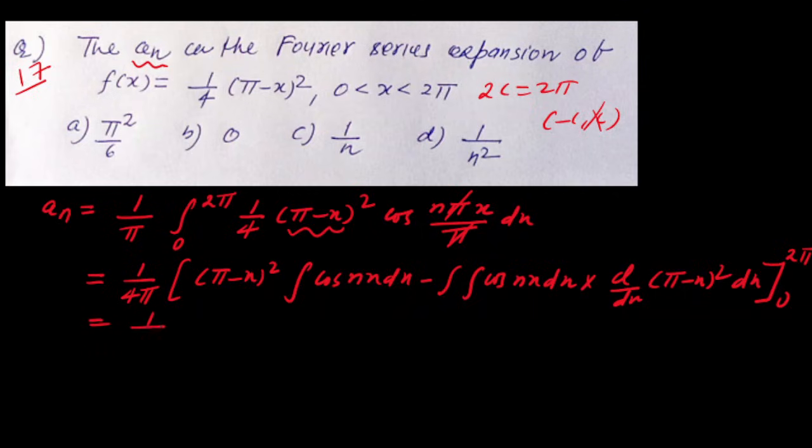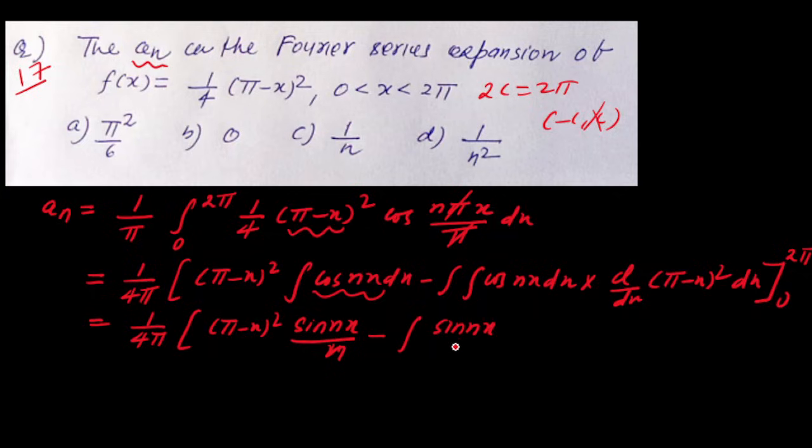Now I will get 1 by 4 pi, pi minus x whole square, integration of cos nx is sin nx by n, minus, sin nx by n, and d by dx of pi minus x whole square is 2 times pi minus x, and pi minus x again with respect to x will give me minus 1.